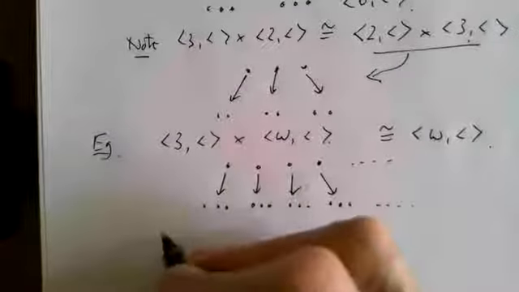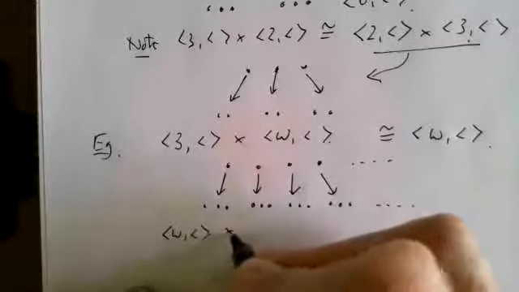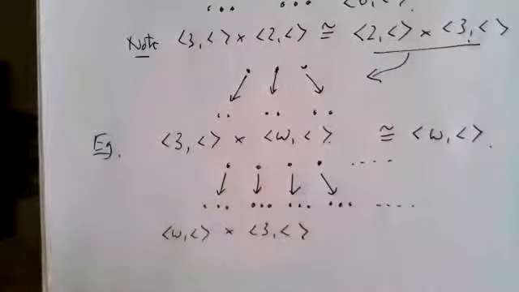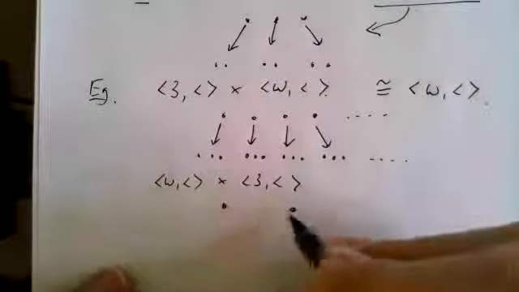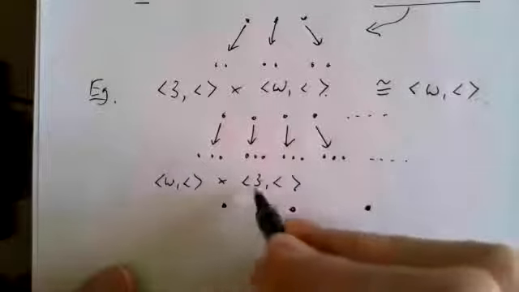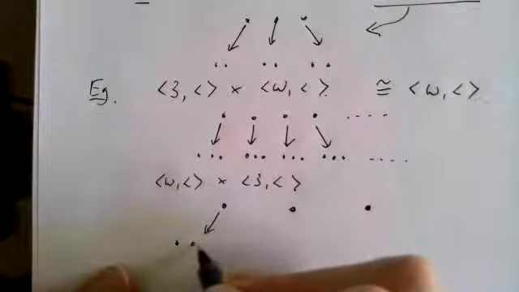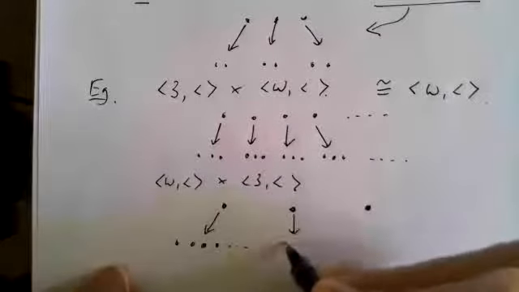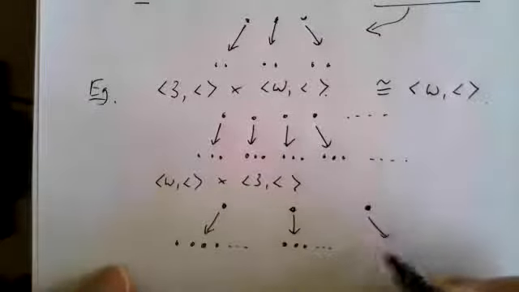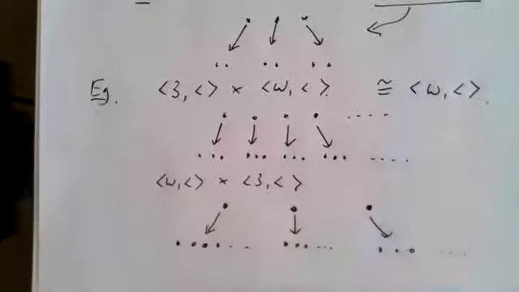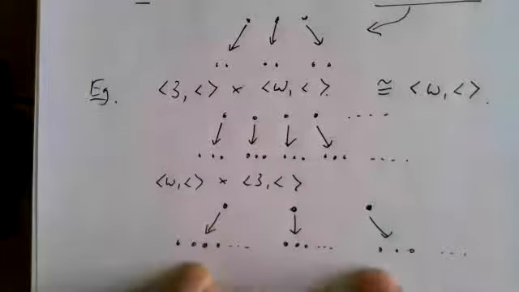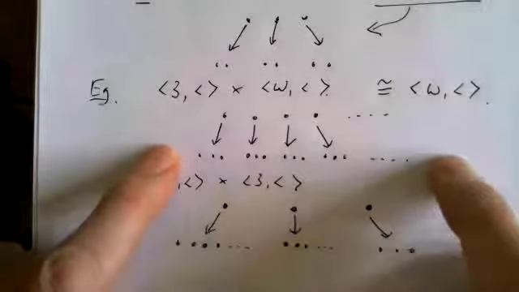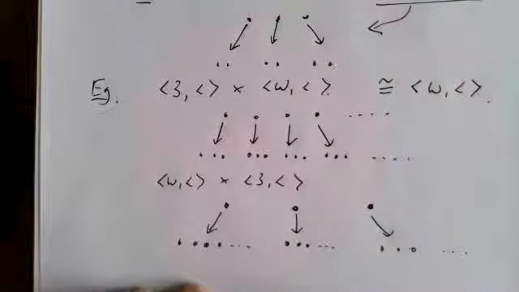And now we do it the other way around, and the picture is quite different. I take a copy of 3, and I replace each one with a copy of omega. And that's now quite different. Here we've got 3 infinite blocks, each of which looks like a copy of the naturals. Here we've just got 1 block that looks like a copy of the naturals.